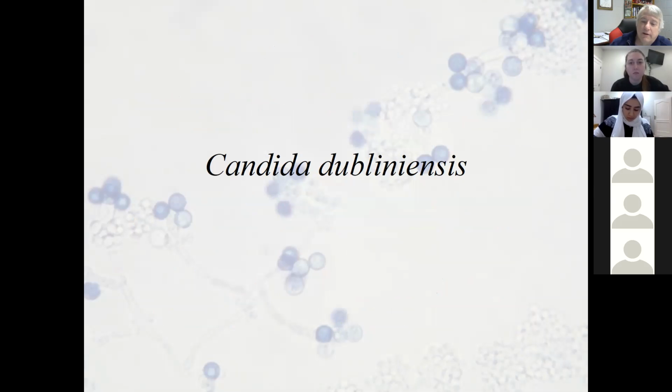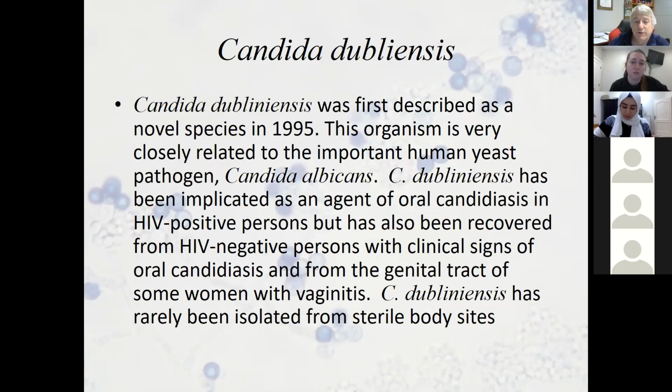Candida dubliniensis. First described in 1995, very closely related to albicans. It has been implicated in oral candidiasis with HIV positive people. It's been recovered though from HIV negative people with clinical signs of oral candidiasis, and from the genital tract of some women.